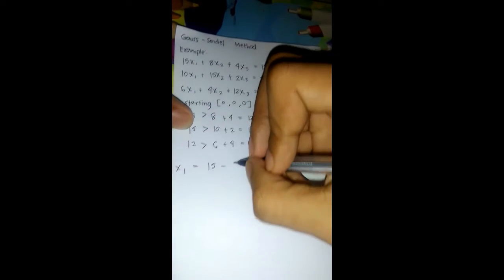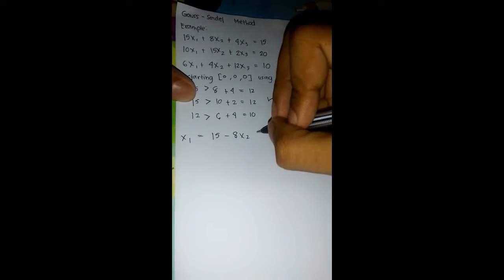Convergence. By putting some derivation technique, by simply isolating, x1 is 15 minus 8x2 minus 4x3 over 15.